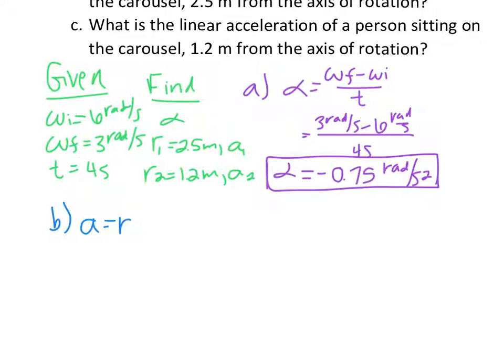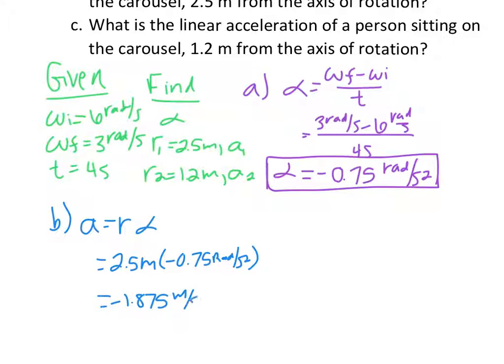Tangential acceleration equals the radius times the angular acceleration. So this is just going to be 2.5 meters times my answer from part A, negative 0.75 radians per second squared. This equals, so 2.5 times negative 0.75, negative 1.875 meters per second squared.